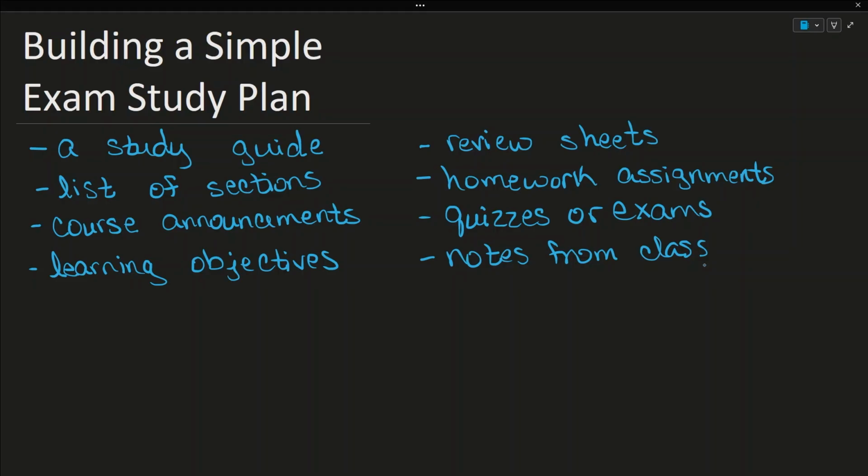If you are not sure what material would be covered, ask your instructor. You might say, could you confirm which chapters or topics will be included on the exam? That is a reasonable and useful question.